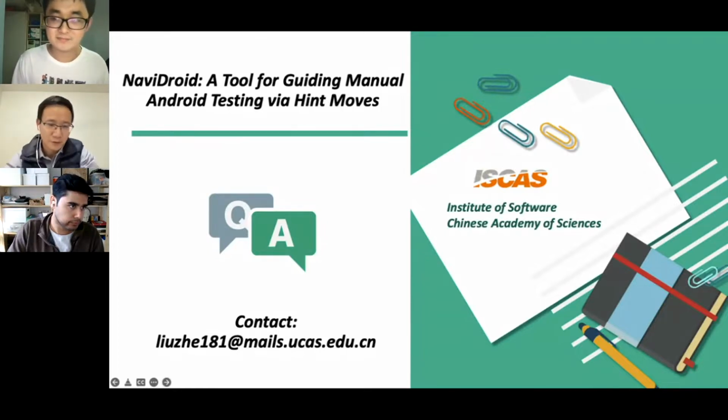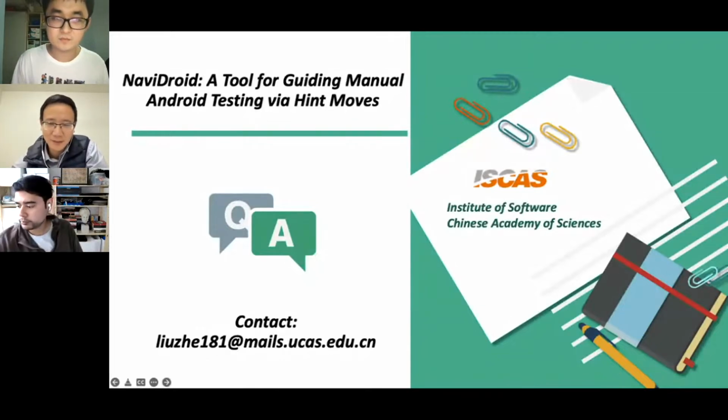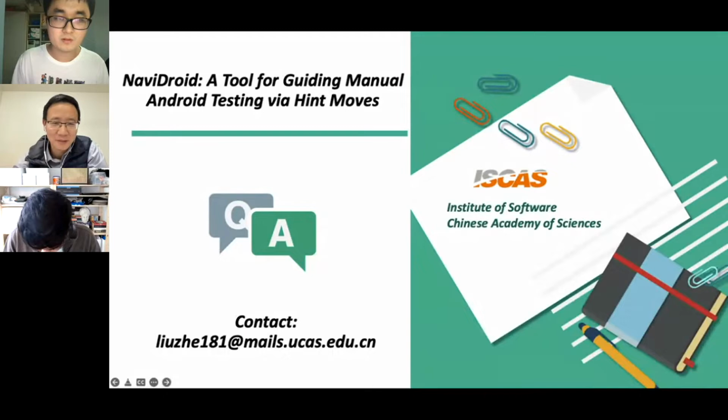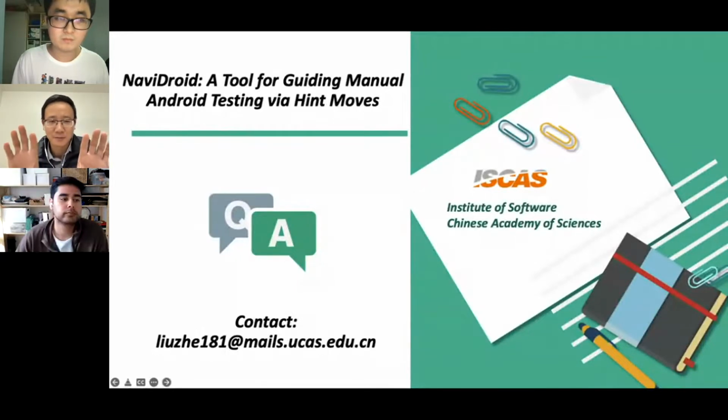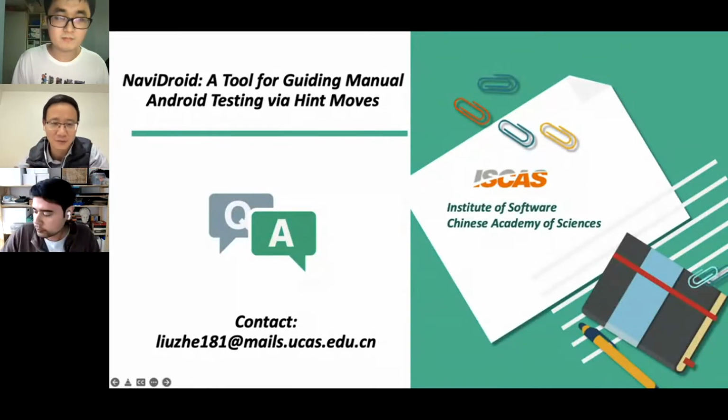I also have a question here. I didn't catch the slide you showed comparing the coverage between different methodologies. I think you showed a comparison between techniques on the coverage, right? And it seemed that Navidroid achieves the high coverage.